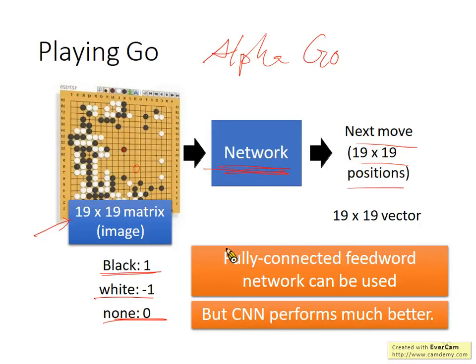In this work, we can use a fully connected feed-forward network, but a CNN performs much better. So actually, we can use a convolutional neural network to play Go.